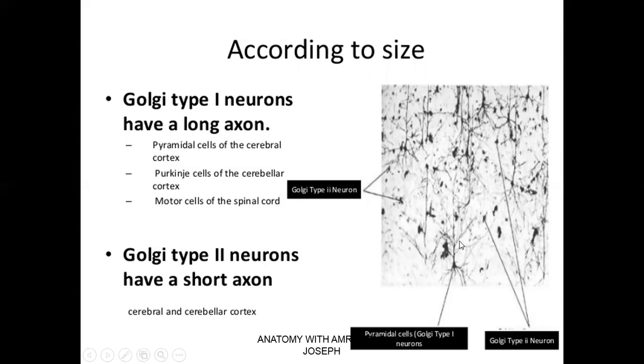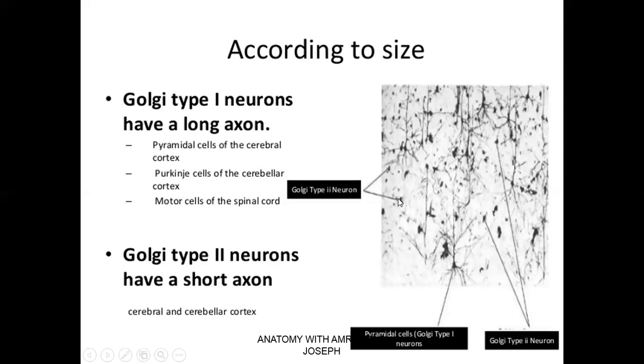Pyramidal cells give rise to the pyramidal tract, which is the largest descending tract, and the Purkinje cells of the cerebellar cortex. They are also seen in the anterior horn of the spinal cord, the motor cells of the spinal cord. Golgi type 2 neurons have a short axon.